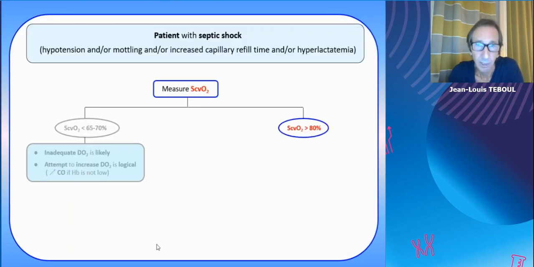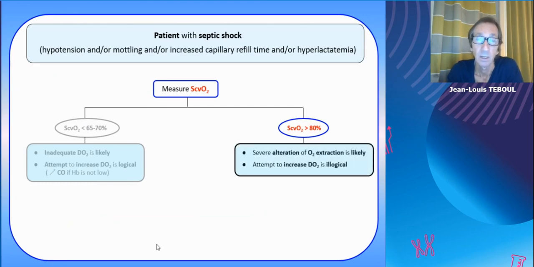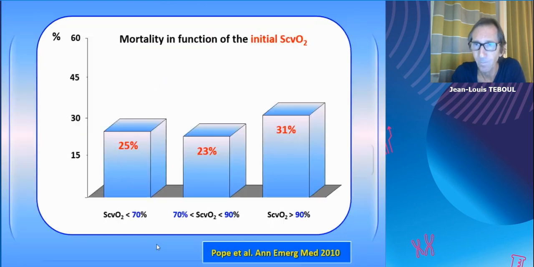Now, sometimes we could have a high ScvO2 in the situation of shock, higher than 80%. It means that there is a severe alteration of oxygen extraction, and an attempt to increase oxygen delivery is totally illogical in this situation.